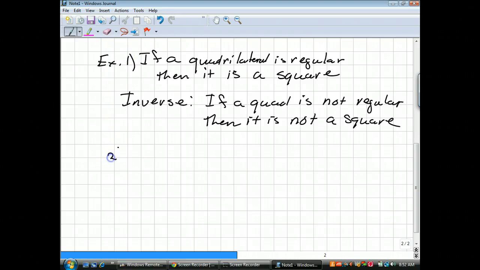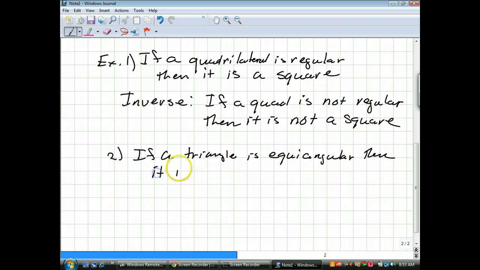Number 2. If a triangle is equiangular, then it is not obtuse. Okay?